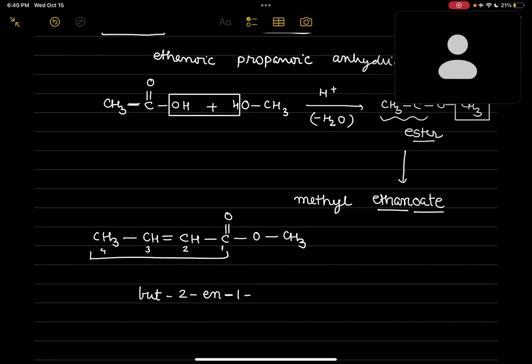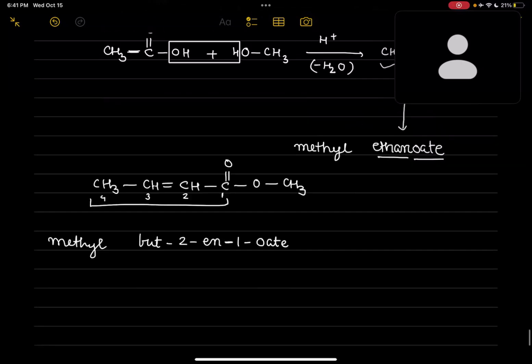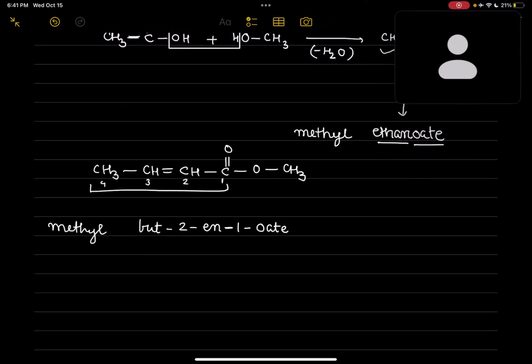If some other locant is there, it is mentioned. Okay, but-2-enoate. What about that CH3? Methyl. That is going to come in the prefix, methyl. Got it? Yes, sir.